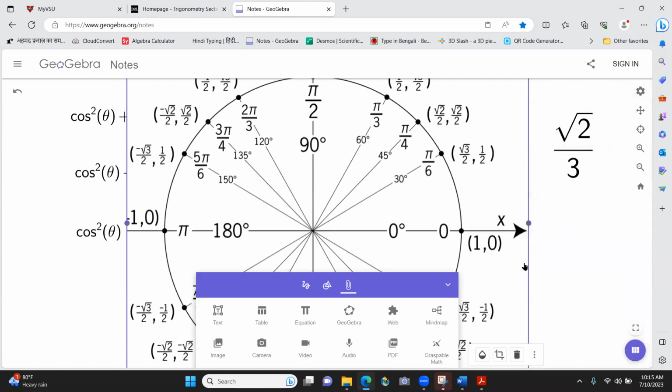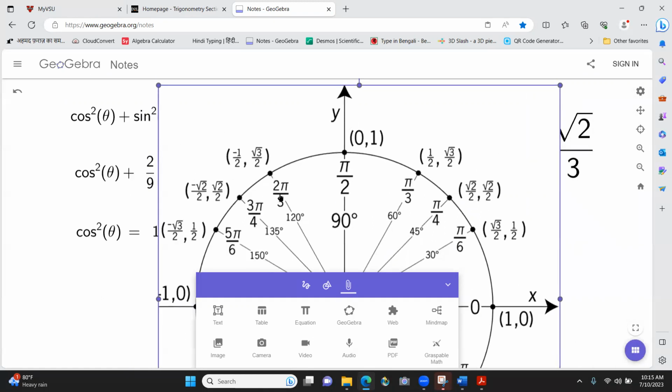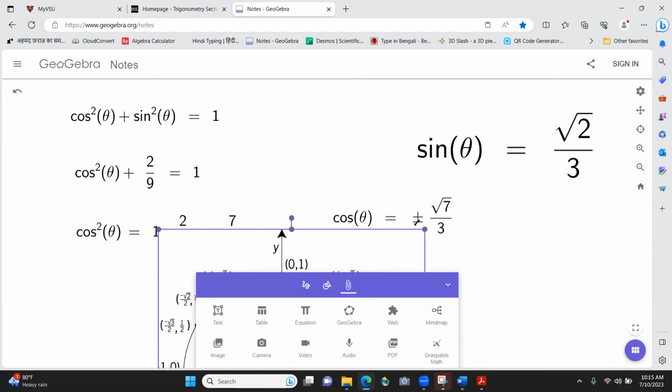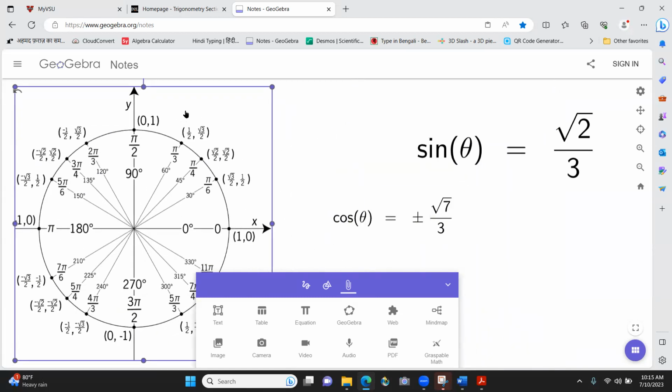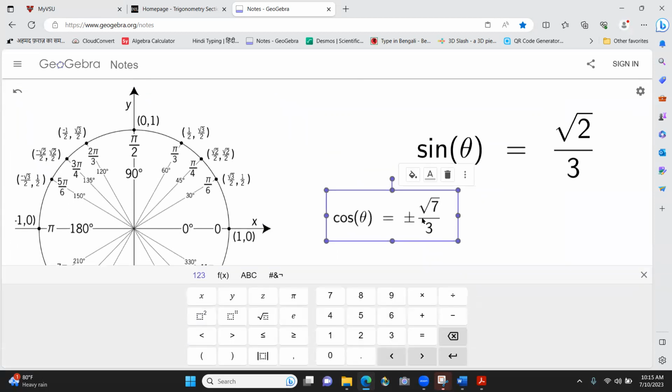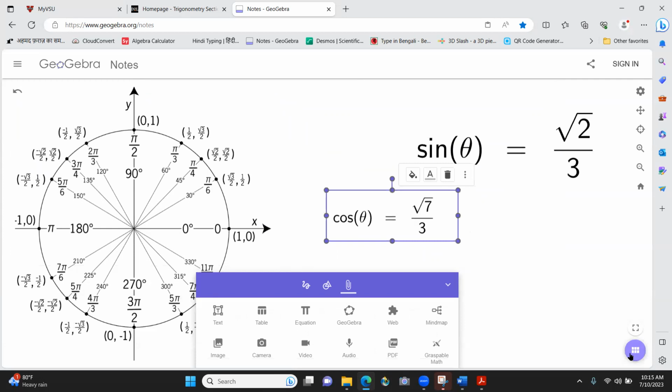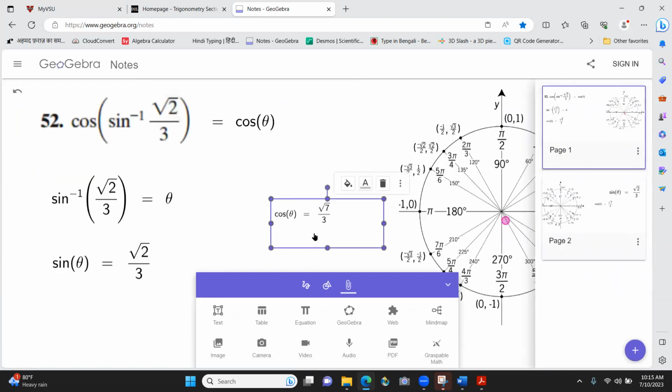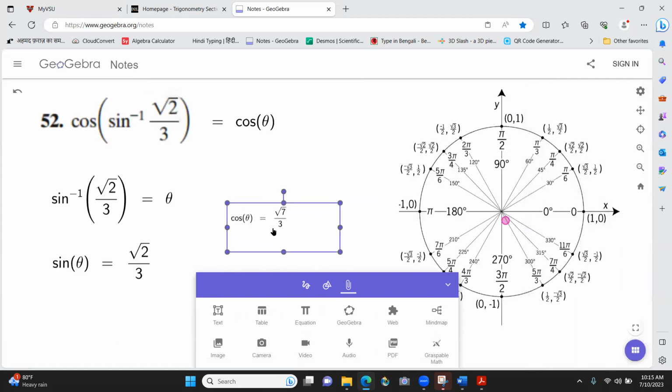So on the right-hand side, cosine has to be positive. It won't let me make it smaller. Okay, now it's better. So I don't need plus minus. And that has to be my answer if I didn't make a mistake, guys. This is my answer. Cosine theta is square root of 7 over 3. That's cosine theta. I found it.